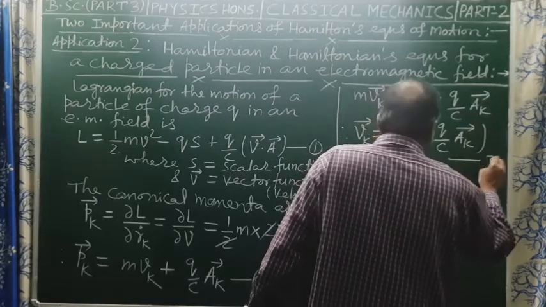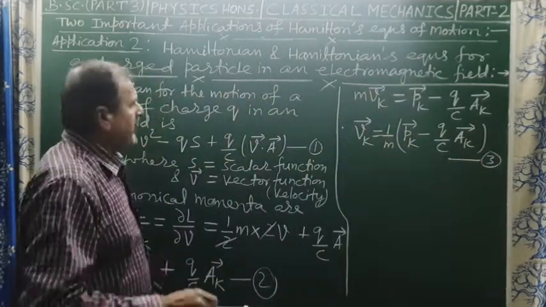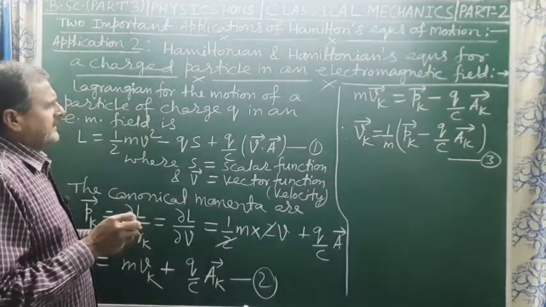This is vk. Now we have to find first the Hamiltonian of the charged particle in an electromagnetic field.